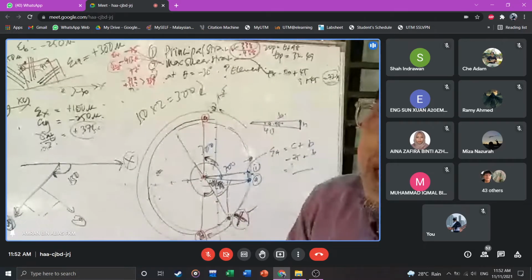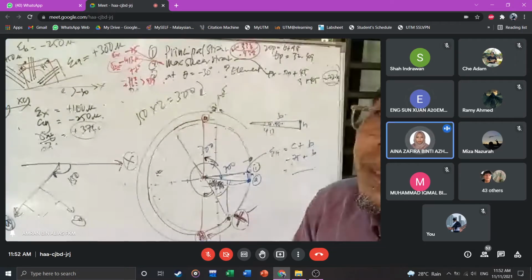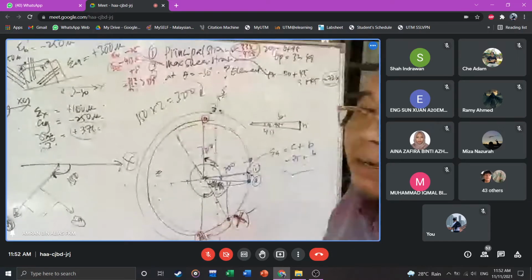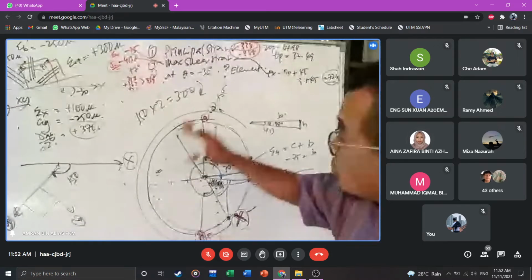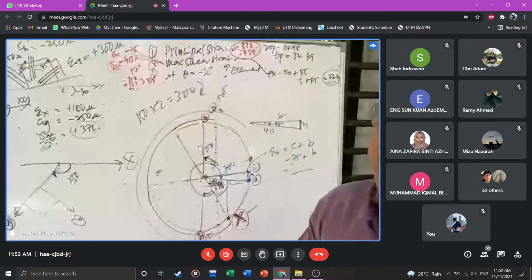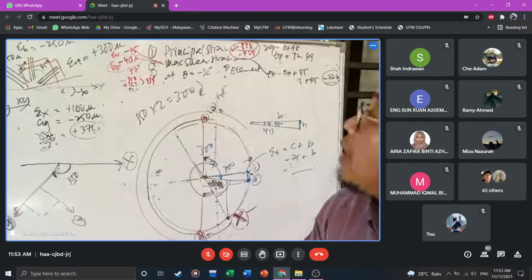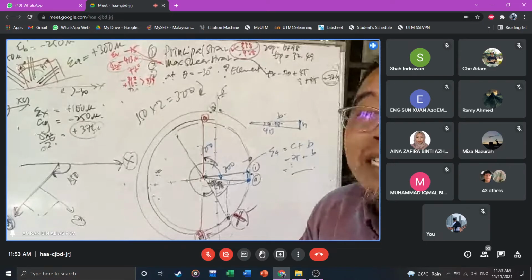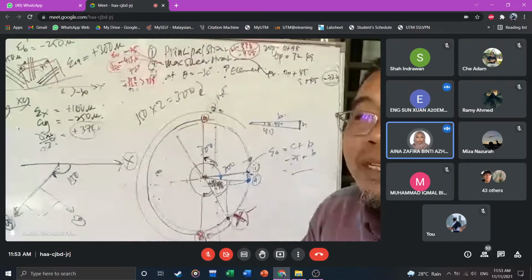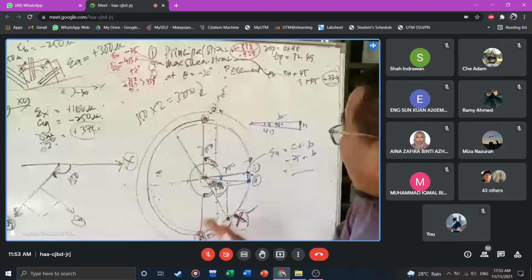Are you with me? Yes, very clear. This one, more circle is very easy. You can look, very clear. Are you with me, guys? Yes, doctor. So, can we draw the element?